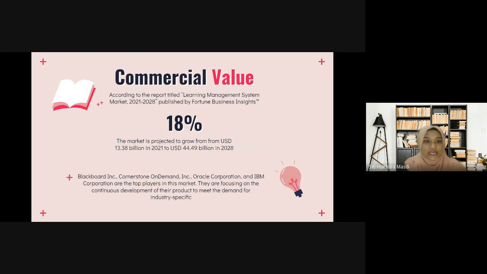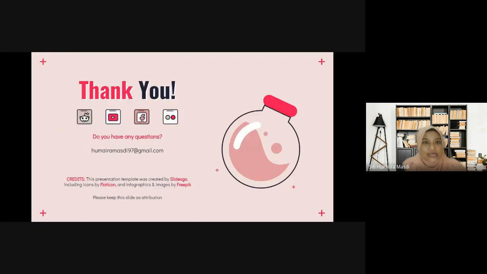We can see that the top key players in this market, such as Blackboard, Cornerstone on Demand, Oracle, and IBM, are focusing on continuous development of their products by leveraging advanced technologies to meet industry-specific demand. So that is all from me.